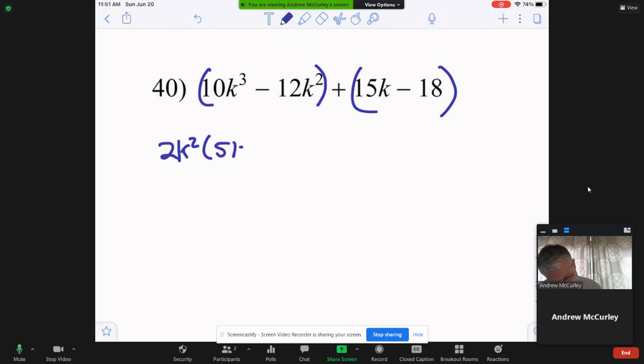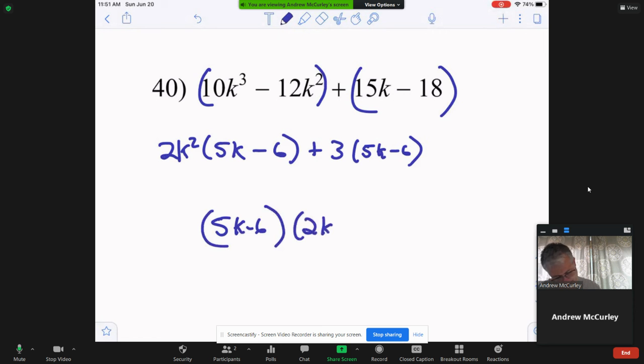That's going to give me 5k minus 6. I'm going to factor out a 3. That's going to give me 5k minus 6. So 5k minus 6, my leftovers 2k squared plus 3. Okay?